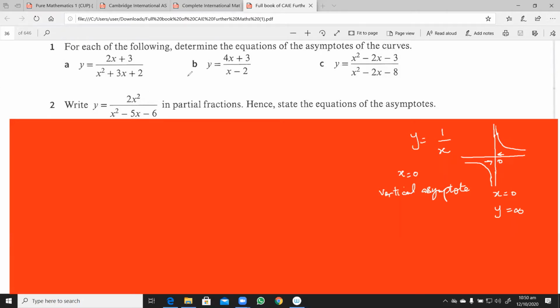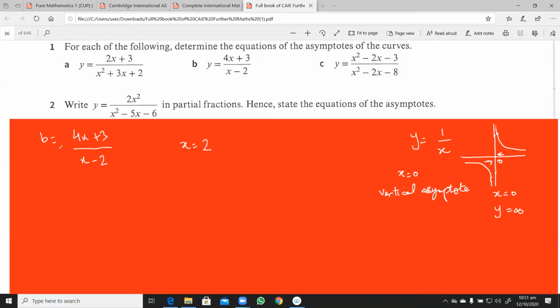Right now, the B part is the easiest one over here because of its denominator, y is equal to x minus 2. So I can see that x equal to 2 is quite clearly a vertical asymptote. Okay, we can have horizontal asymptotes if your given fraction is an improper fraction.